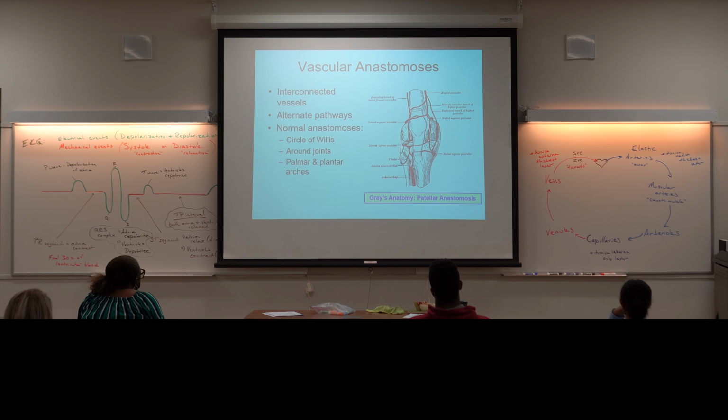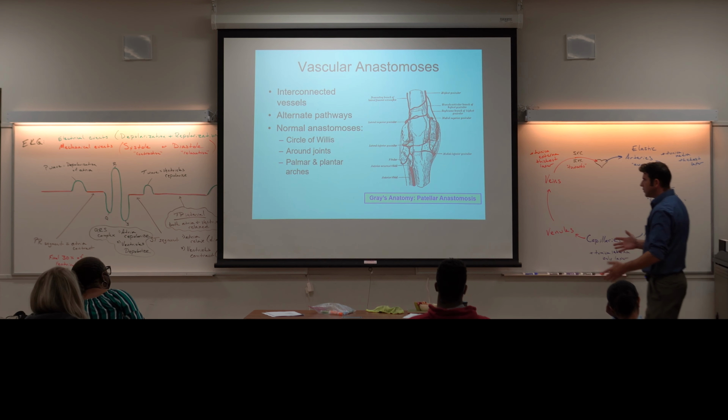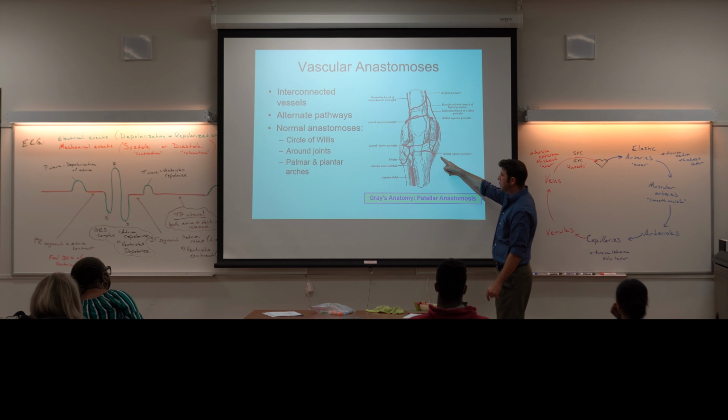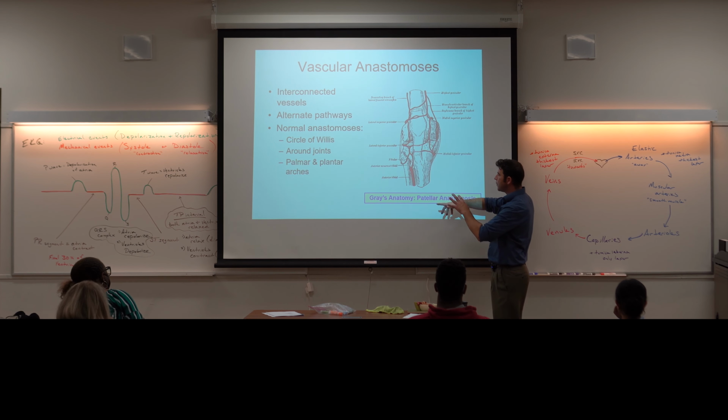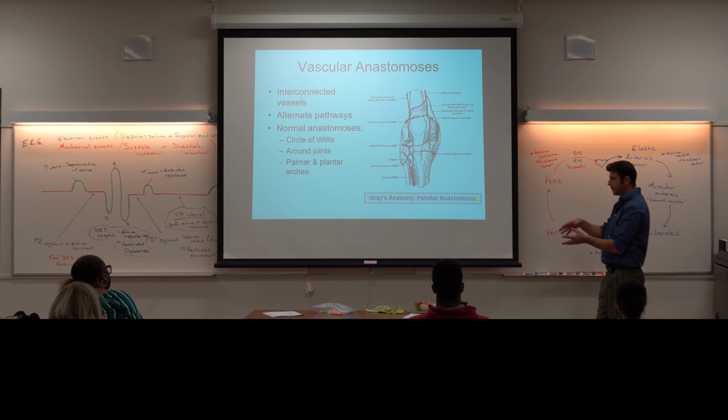I'll bring one of these things that we can list as well. There are a few of these vascular anastomoses that we will mention. This anastomosis is just a bunch of interconnected blood vessels that allow for alternate routes in case one particular capillary, the blood flow is prevented from going that direction.